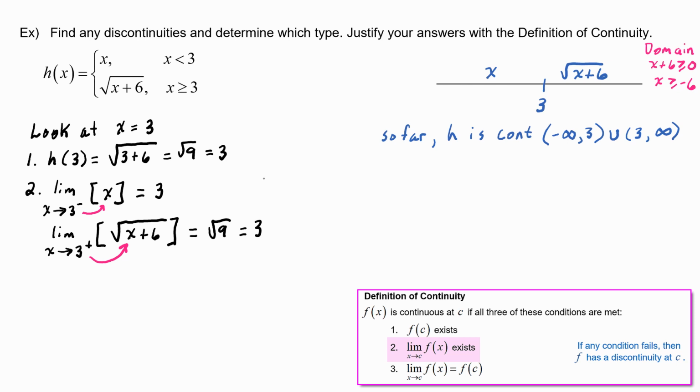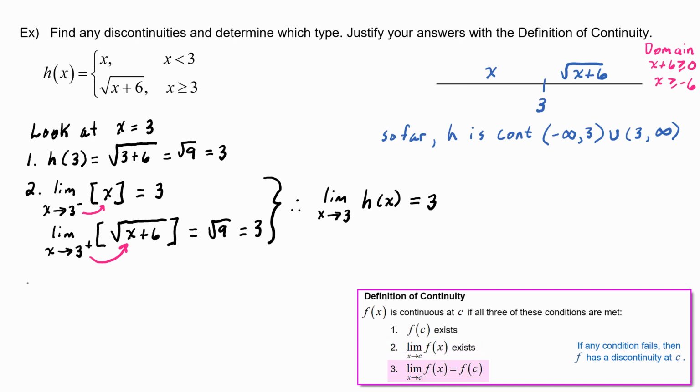Now, in this case, the limit from the left was 3. The limit from the right was 3. Therefore, the limit as x approaches 3 of h of x, now of course this is the two-sided limit, also would have to equal 3. So now we've satisfied step 2 of the definition of continuity.